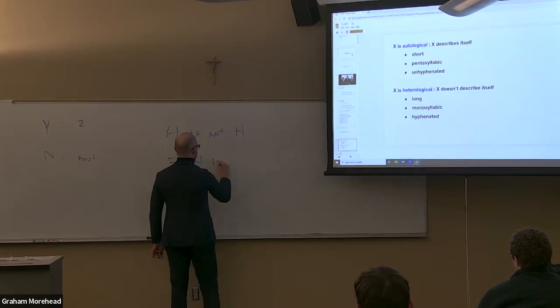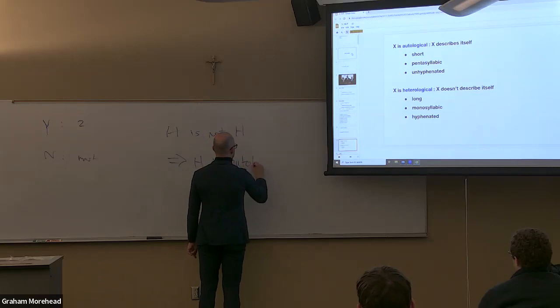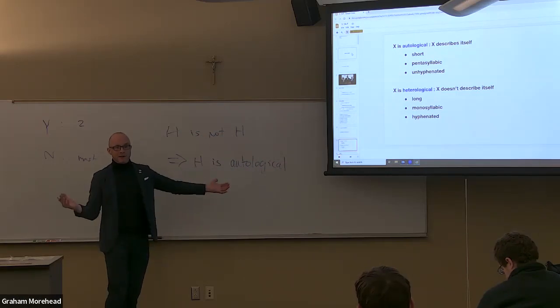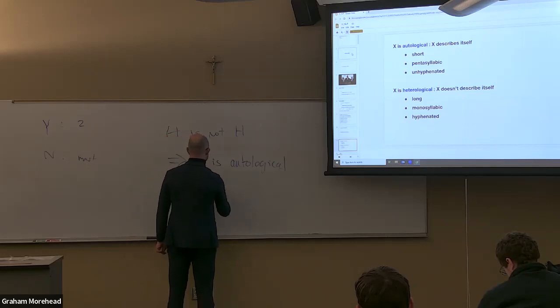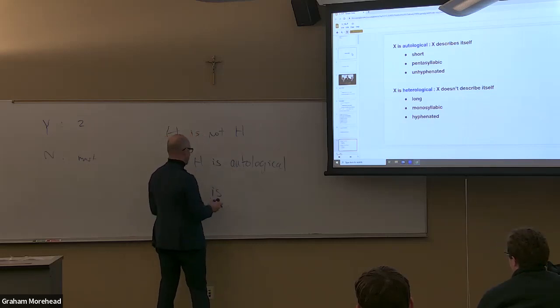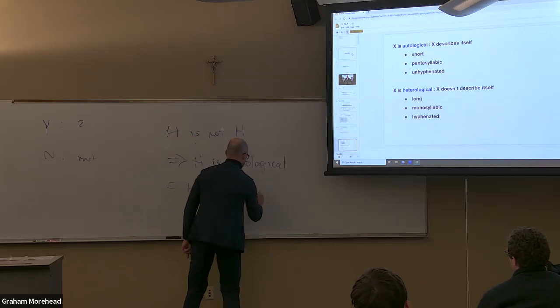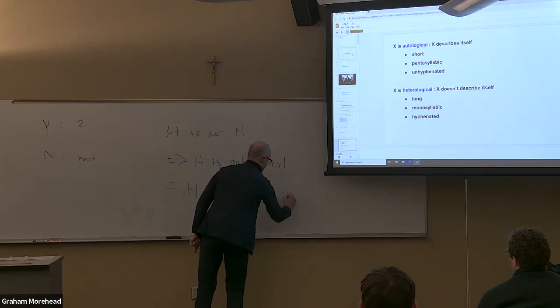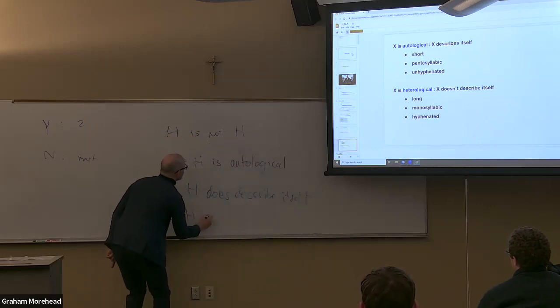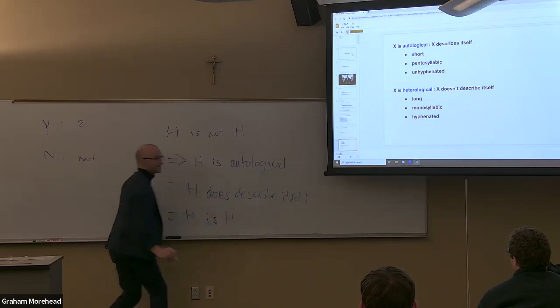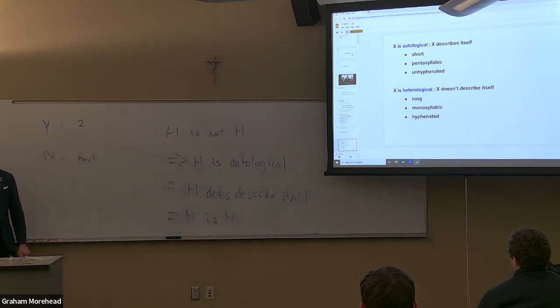Heterological is autological. If it's not heterological, it must be autological. Therefore, H does describe itself. Therefore, H is heterological. So it flips back and forth.